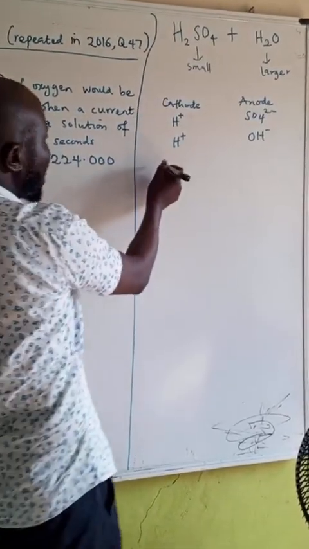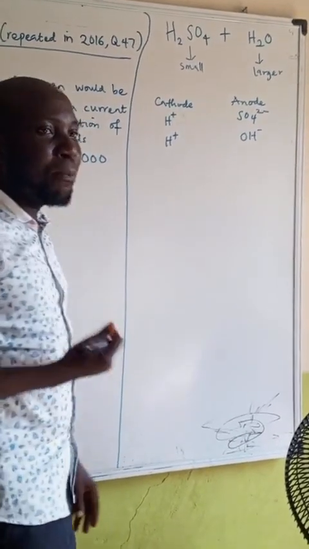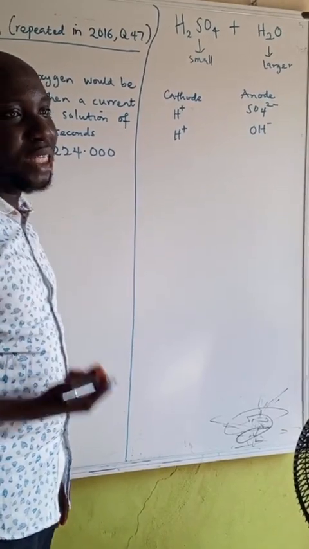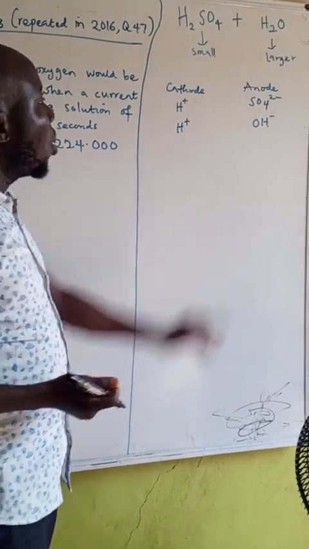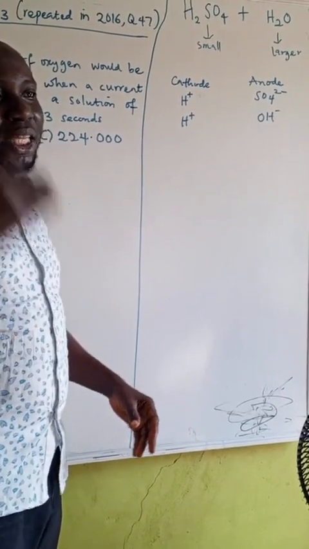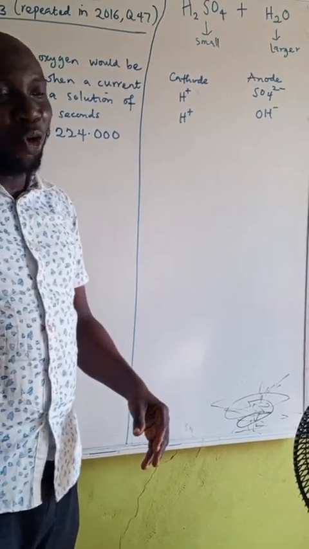We have the code for the cathode, and for the anode, we have another code.